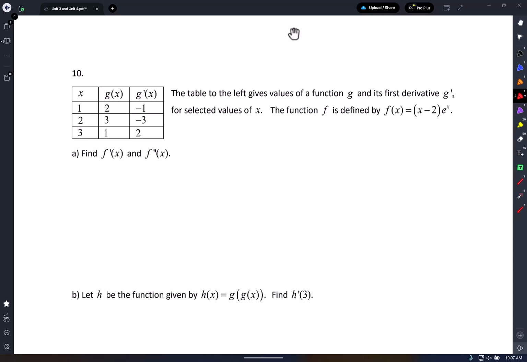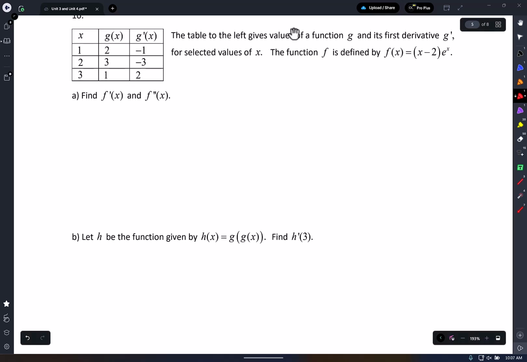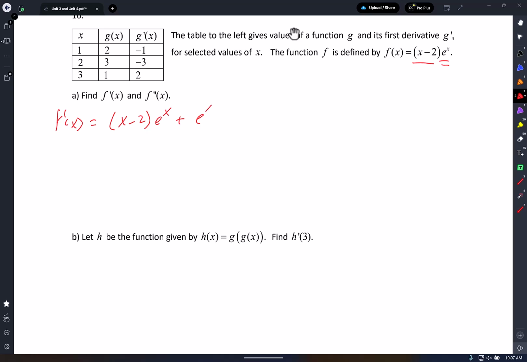The table to the left gives values of functions g and its first derivative g prime at selected values of x. The function f is defined by, so they tell us how f is defined. They want f prime of x. Well, here's f of x, so I'm going to go ahead and use the product rule: first, second. F prime of x equals the derivative of the first, x minus 2, times the second, e to the x, plus the second, e to the x, times the derivative of the first, 1.